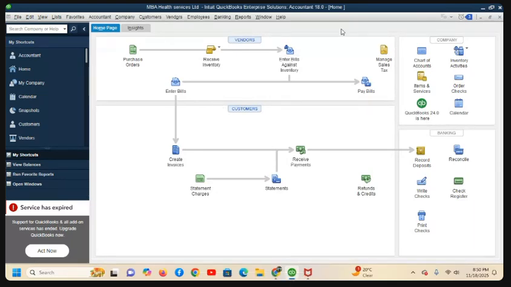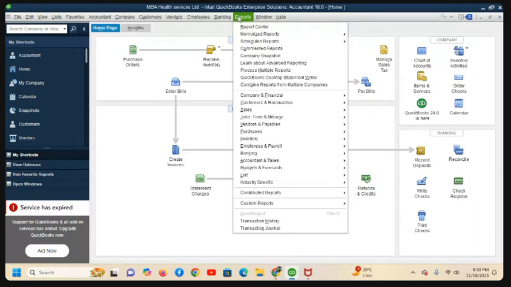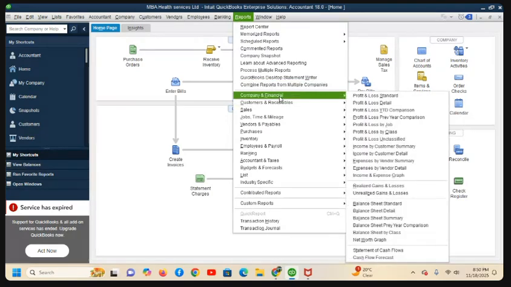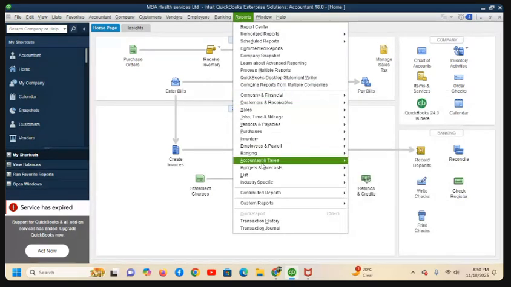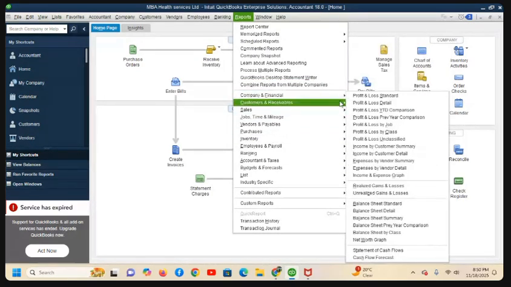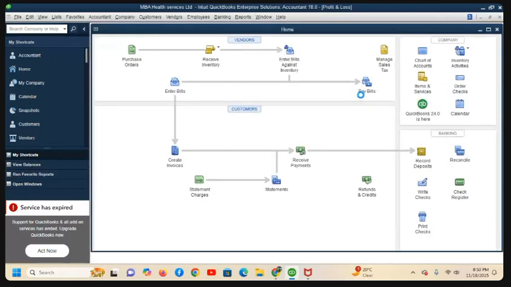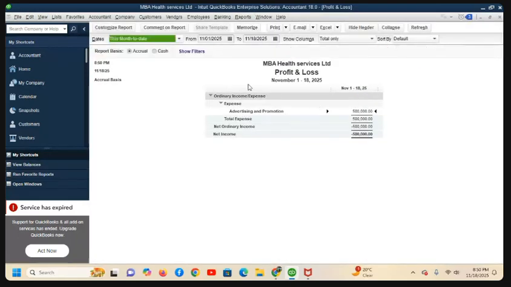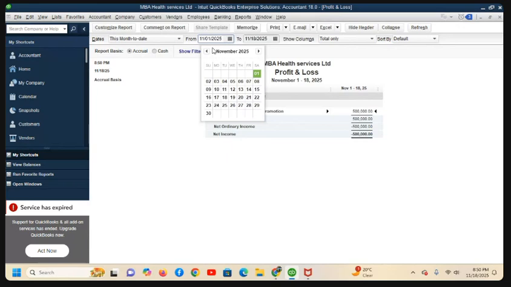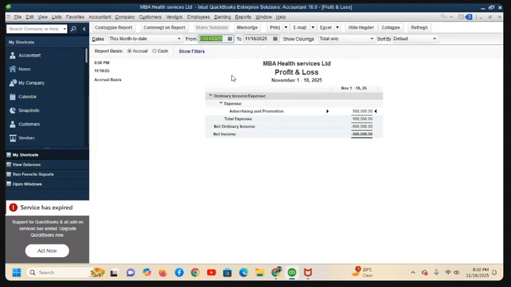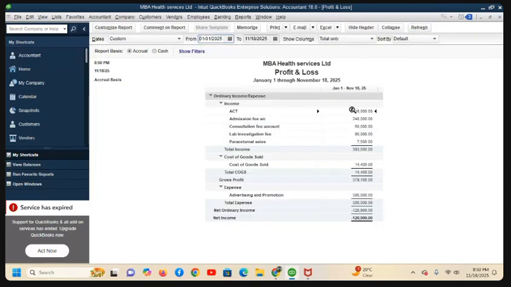income. That's why even when we go to the profit, we go to reports here, and I show you, if I go to the income statement, remember we are using accrual, profit or loss standard. We have this expense. Let me go backwards to January. You are going to see we have now income.